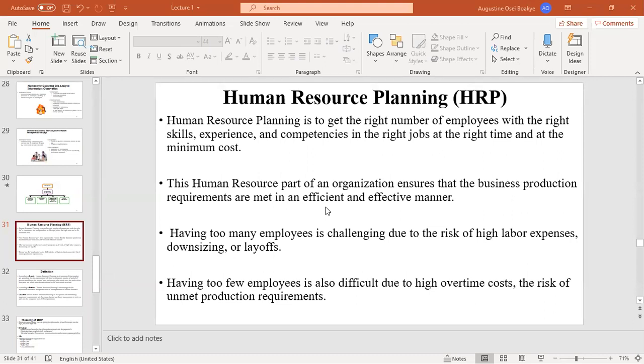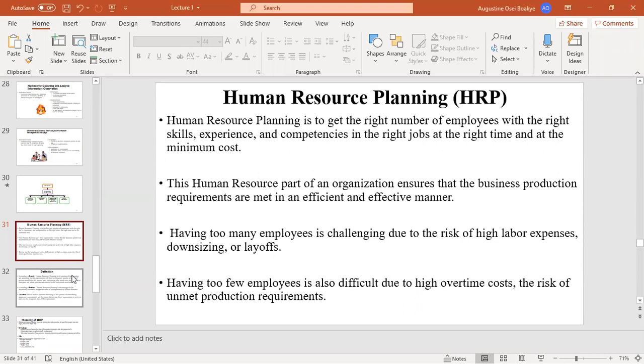At what point in time do they require them to be on the job? All these things must be carefully thought through at the planning stage so that once it is adopted as an HR plan, then implementing it will not bring forth any challenges along the way.